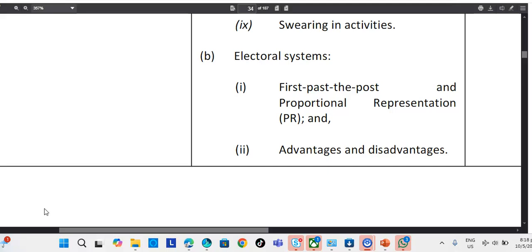So the House of Representatives, the Senate, and the President or Prime Minister together comprise Parliament, which is the lawmaking agency in the government of the country. Now we're going to look at proportional representation.